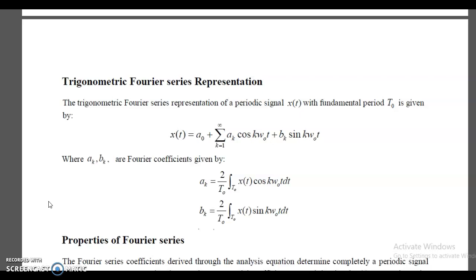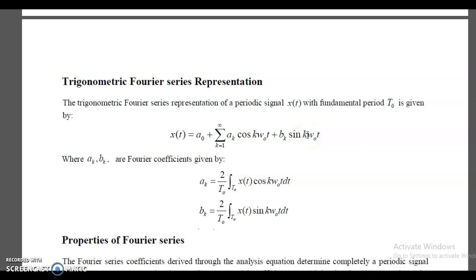We have the trigonometric Fourier series representation, where we have a naught, that you can say is the DC coefficient, and this is the AC coefficient of the trigonometric Fourier series representation. The AC coefficient includes a k's and b k's, multiplied with cosine and sine parts.